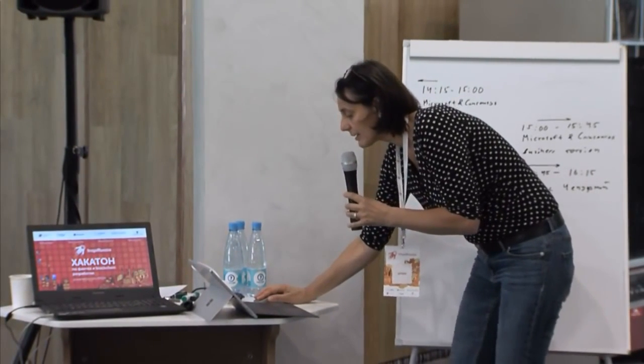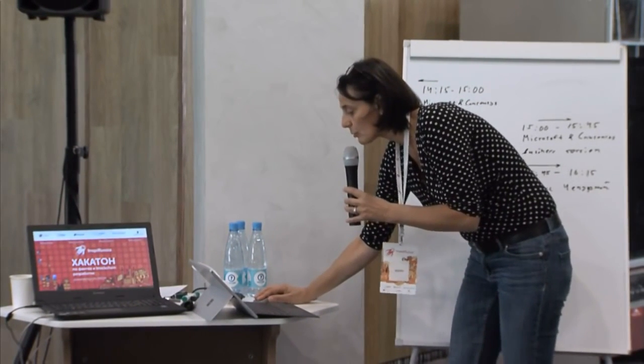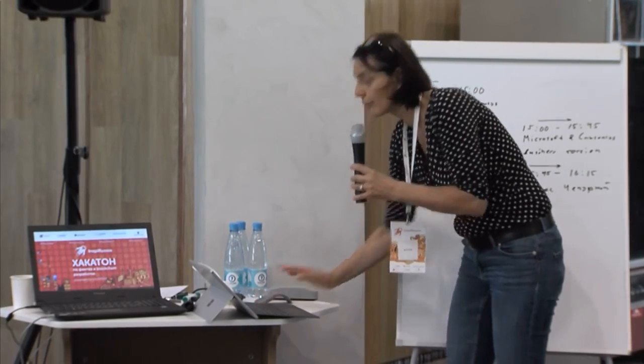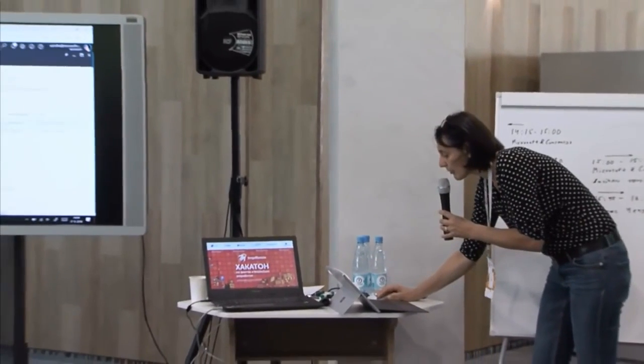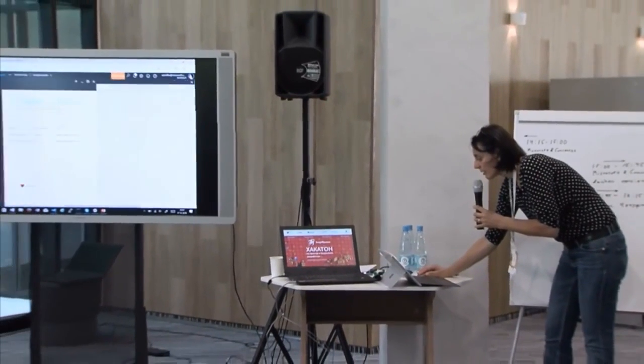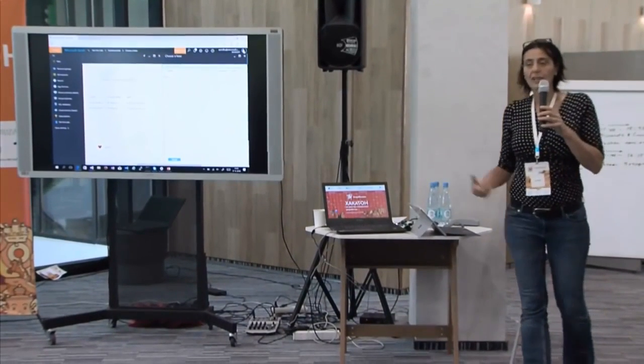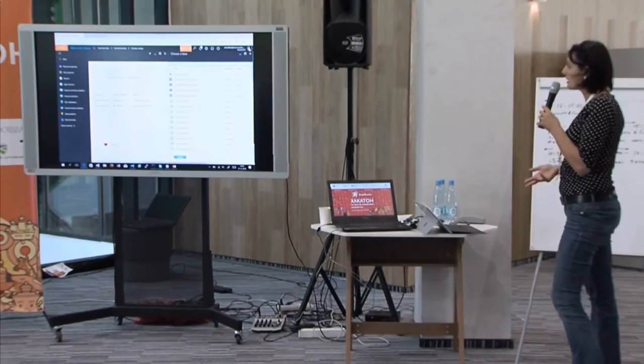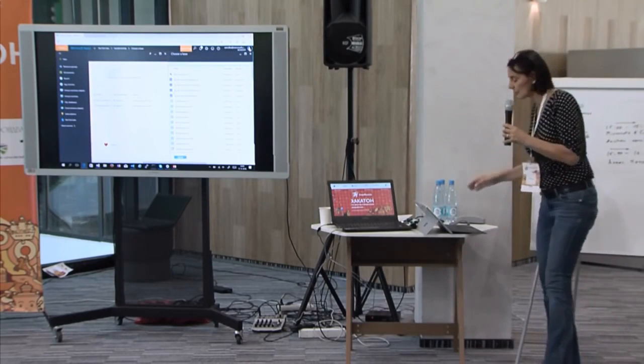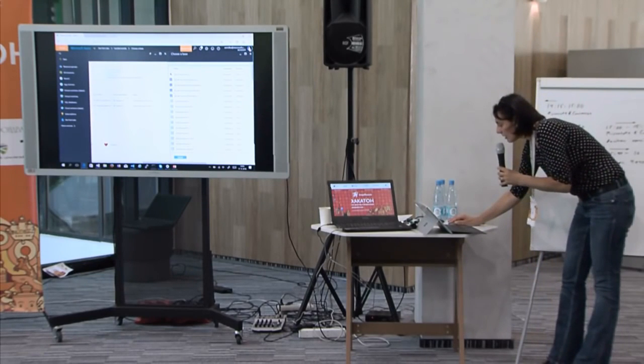So let's say that I would like to create a virtual machine running a private network. I would go to create a virtual machine, and on that virtual machine, of course, an operating system is running, and I will choose now to run Ubuntu.